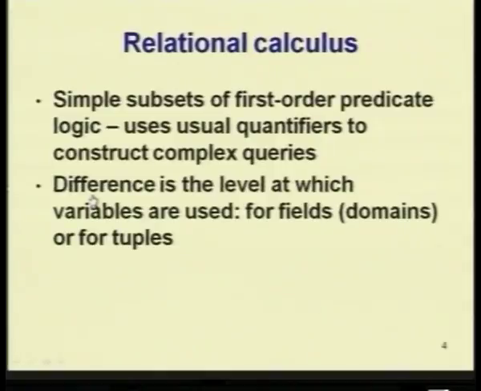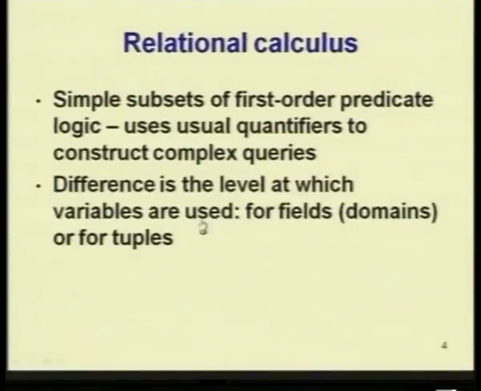The difference between the two calculi is in the level at which the variables are used. If it is used at the level of tuples, which, if you remember, are nothing but rows in the table, it is tuple calculus. Fields are nothing but columns or attributes. If you use rows, it is called tuples; if you use attributes or columns, it is called domains.